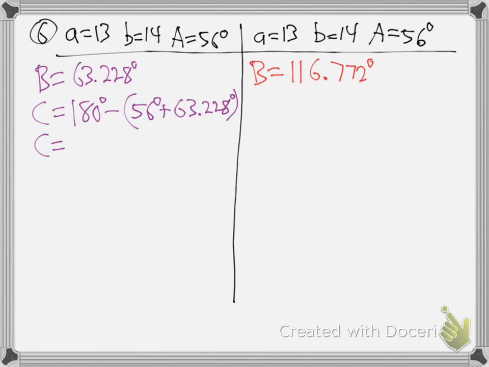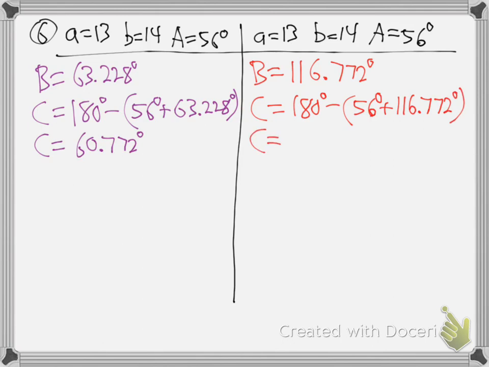I'm getting 60.772 degrees. And the other side, there'll be a different C. It'll be 180 minus the 56 plus 116.772.